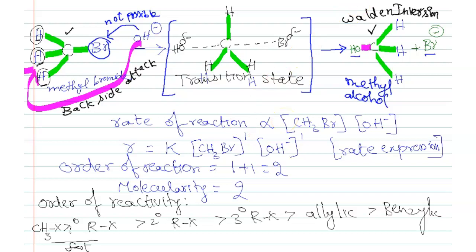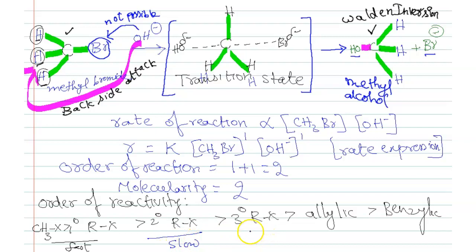In case of secondary, what will happen, students? You take 2 CH3 instead of 2 hydrogens. Among the 3 hydrogens, you take CH3, CH3, then here H. Then 2 CH3 means 2 bulky groups, and only 1 hydrogen or small group. So the reaction becomes slow.